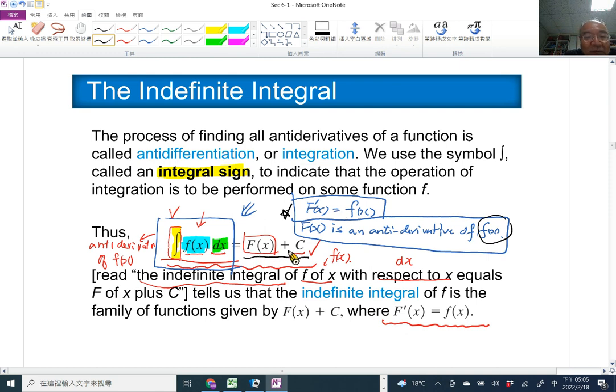So the left hand side of the equal sign represents the form of an antiderivative.